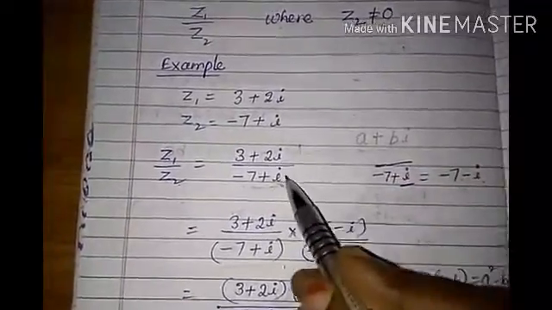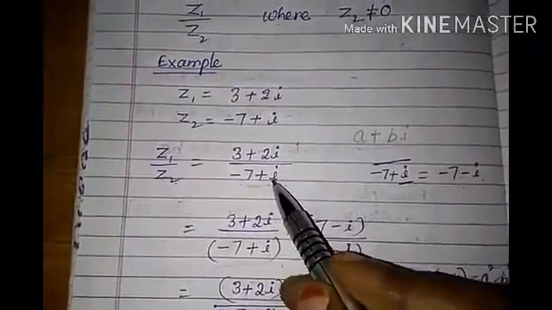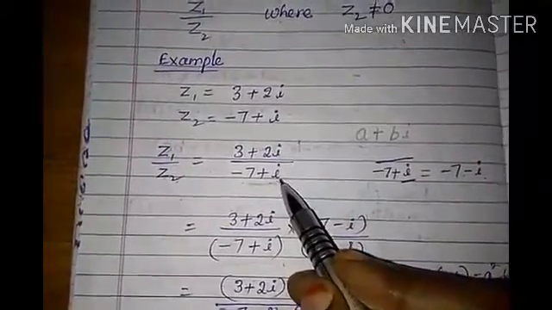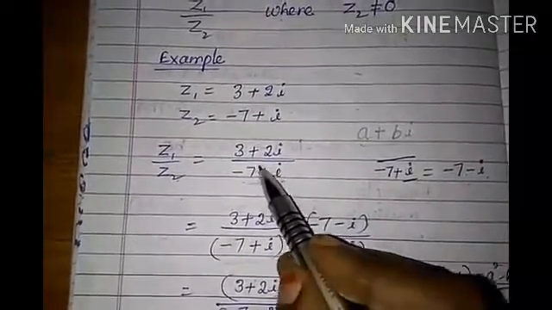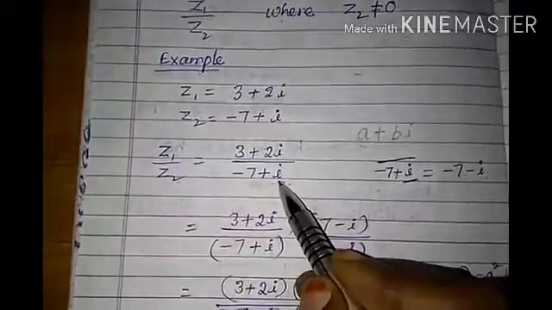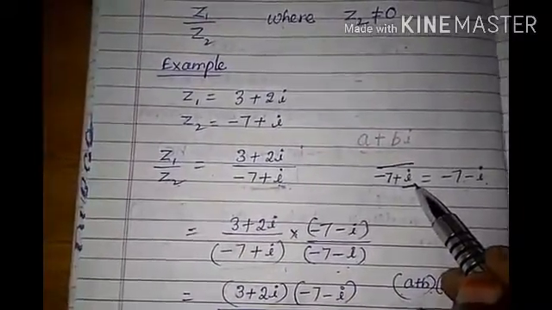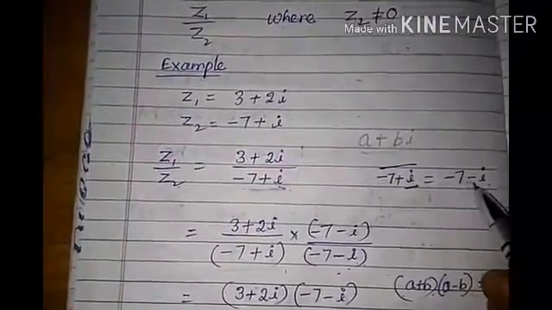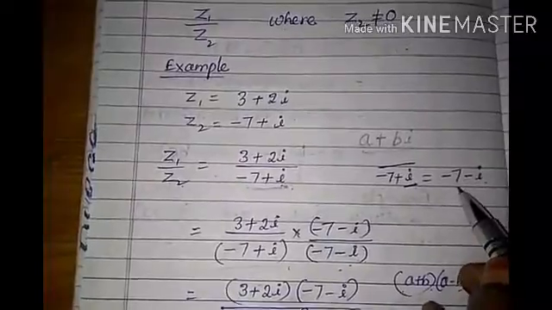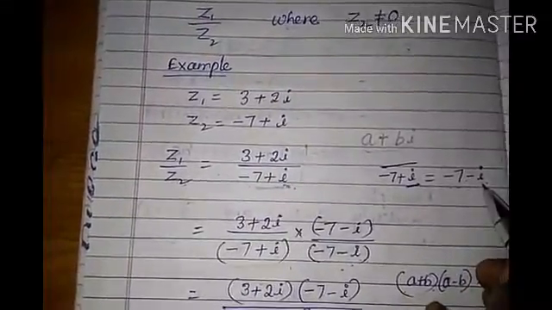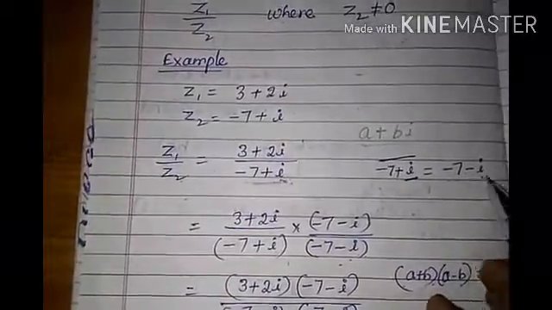To remove the imaginary part in the denominator, we should multiply with the conjugate of this complex number. What is the conjugate of minus 7 plus i? It is minus 7 minus i. We multiply numerator and denominator with minus 7 minus i to eliminate the imaginary part in the denominator.